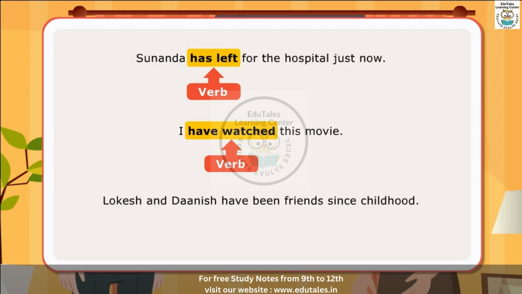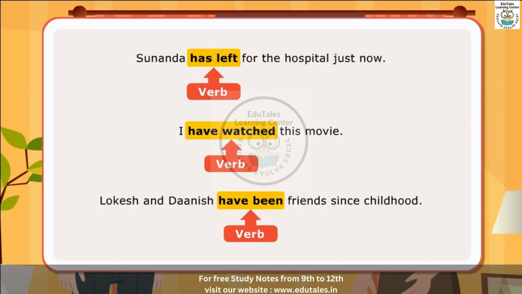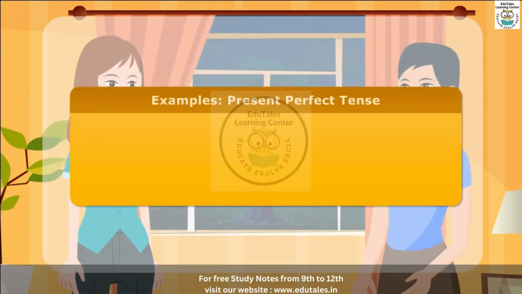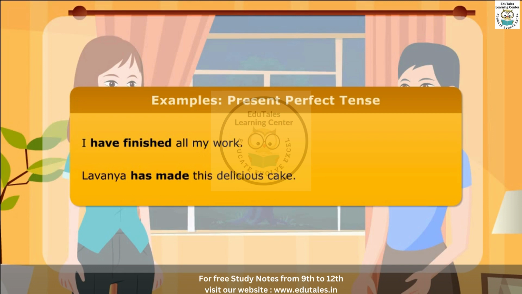In the third sentence, the verb have been is again present perfect tense since it tells about an action that began at some time in the past and has continued till present time. Here are few more examples of use of present perfect tense. I have finished all my work. Lavanya has made this delicious cake.